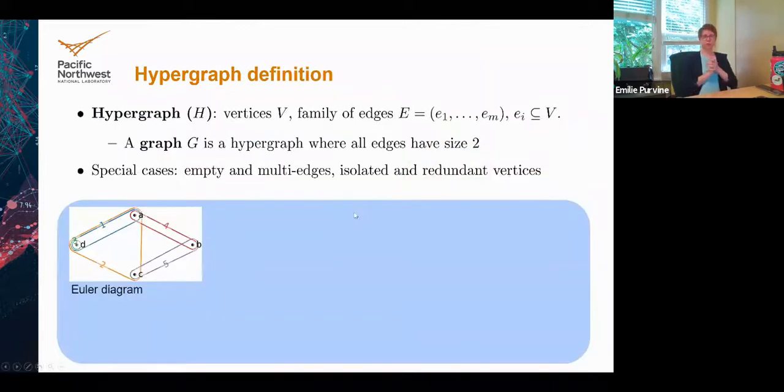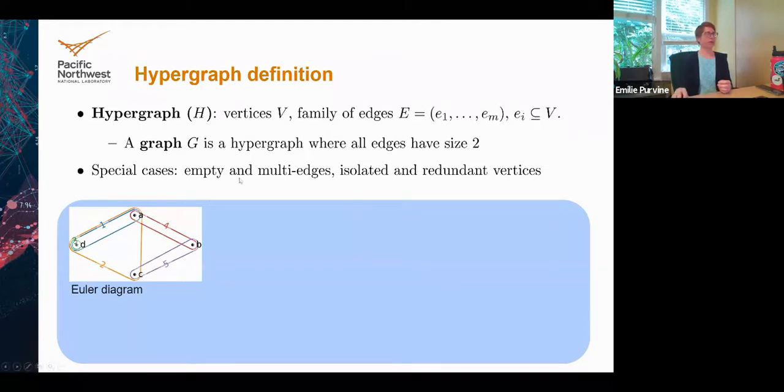And this differs from what we often see in pure math, I'll say, or combinatorial exploration of hypergraphs, because oftentimes people treat hypergraphs as k-uniform, which means that every edge has the same size. But in real data, that's just not realistic for the most part. There are probably some cases where it is, but for the most part, it's not. So we use a general definition of hypergraphs to explore our data.